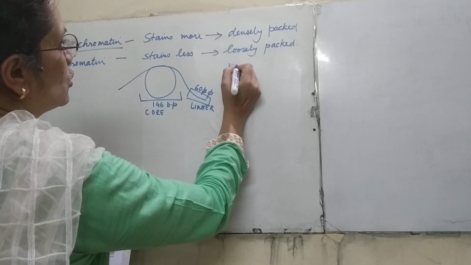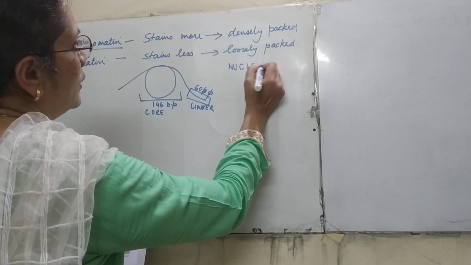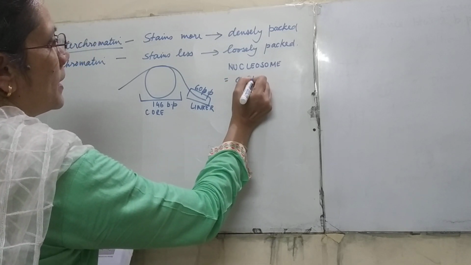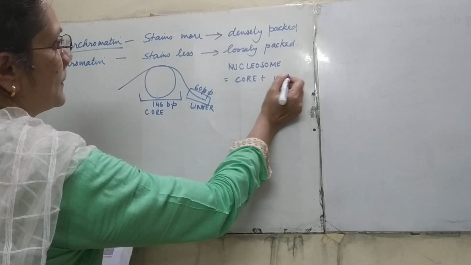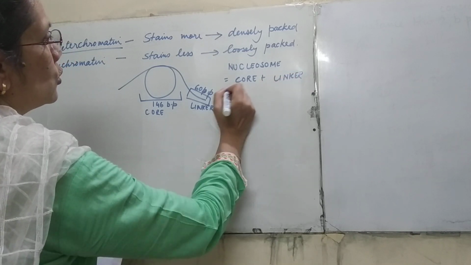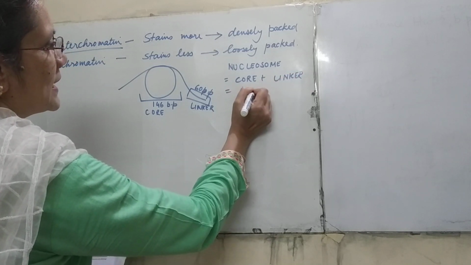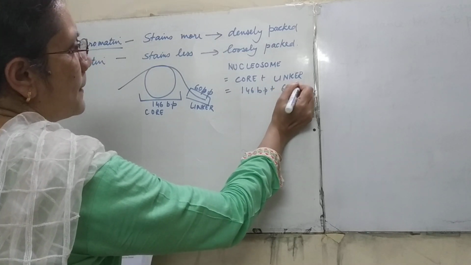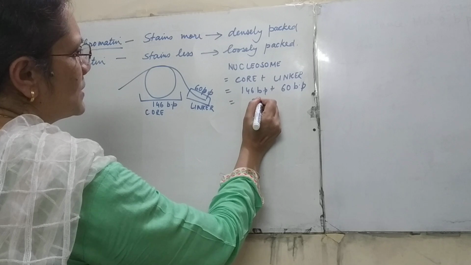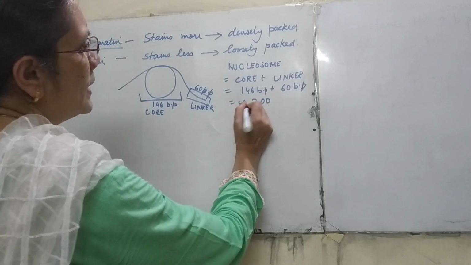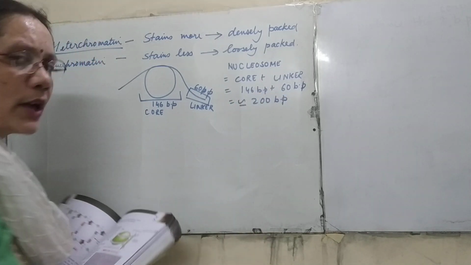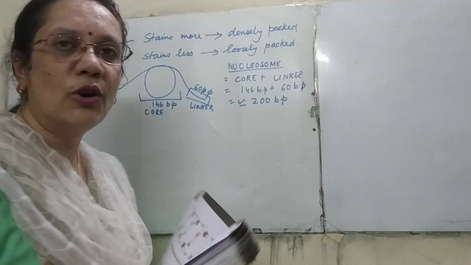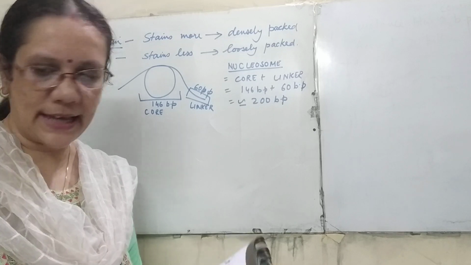The nucleosome is actually made up of the core plus the linker. The core consists of around 146 base pairs and the linker is made up of 60 base pairs. Together this comes to nearly 200 base pairs, and this structure is known as the nucleosome in eukaryotic cells.